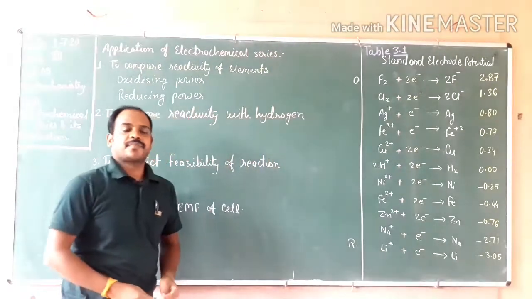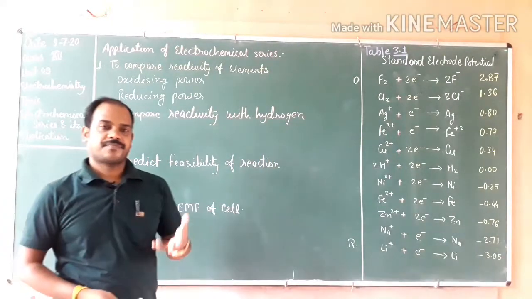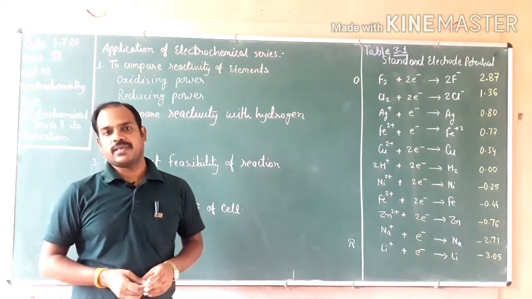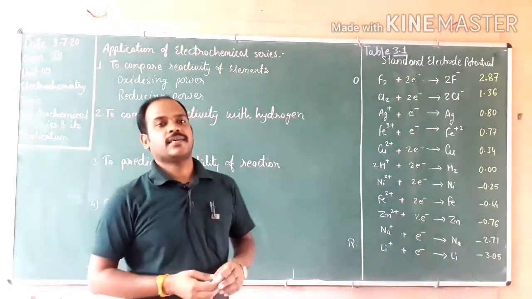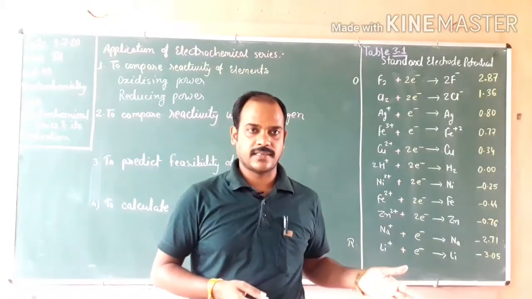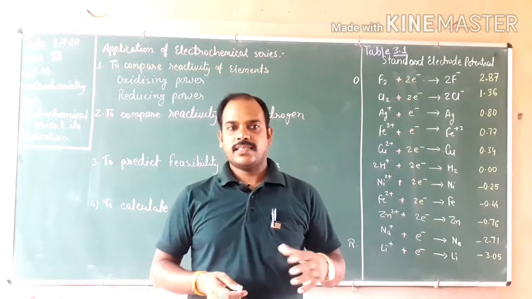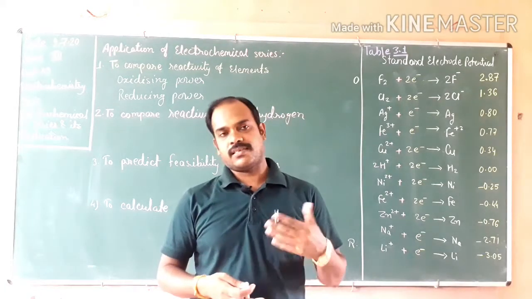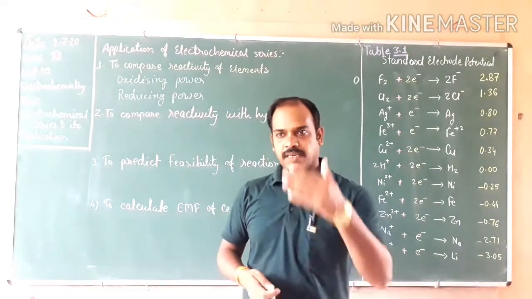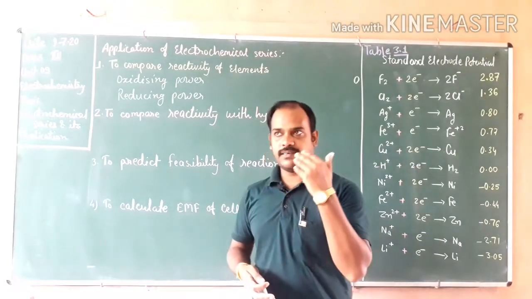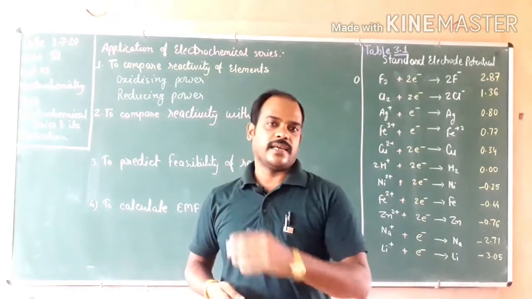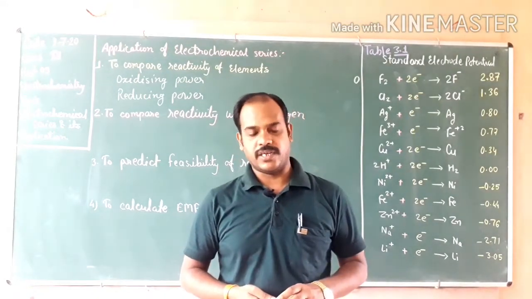So students, in my previous lecture I have told you that by using standard hydrogen electrode we can calculate the standard electrode potentials of different elements. So when the scientists calculated standard electrode potentials of different elements, then they arranged these elements in the increasing order of their electrode potential.